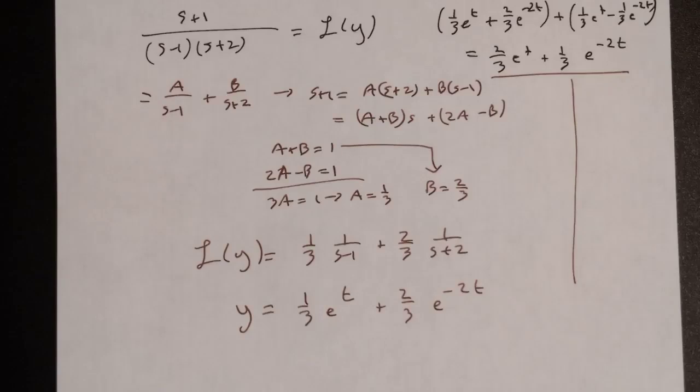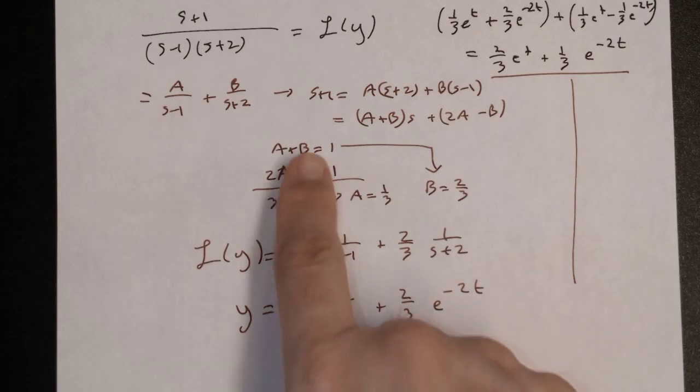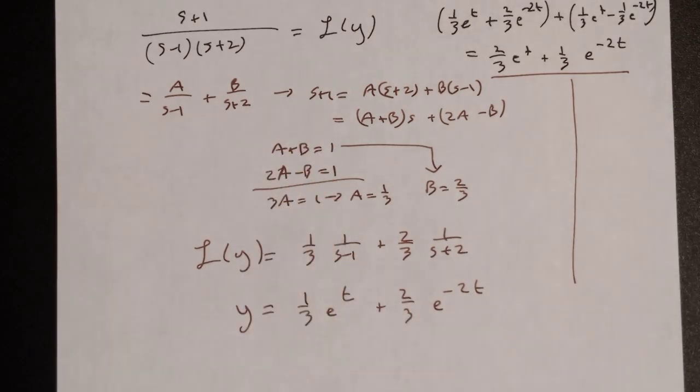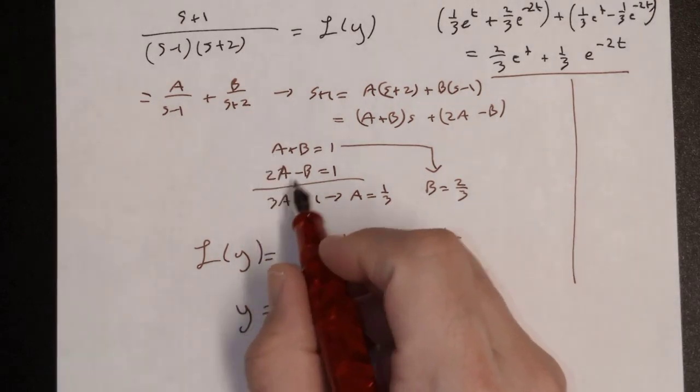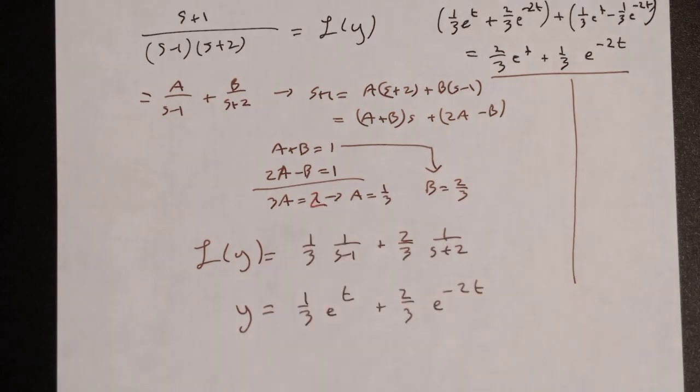I was working too fast. It's up towards the top of the screen. I added my equations, right? I had those cancel. 1 and 1 is 2.